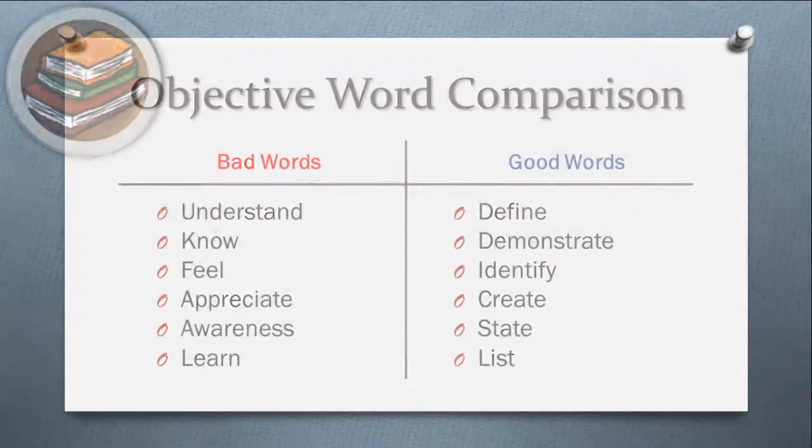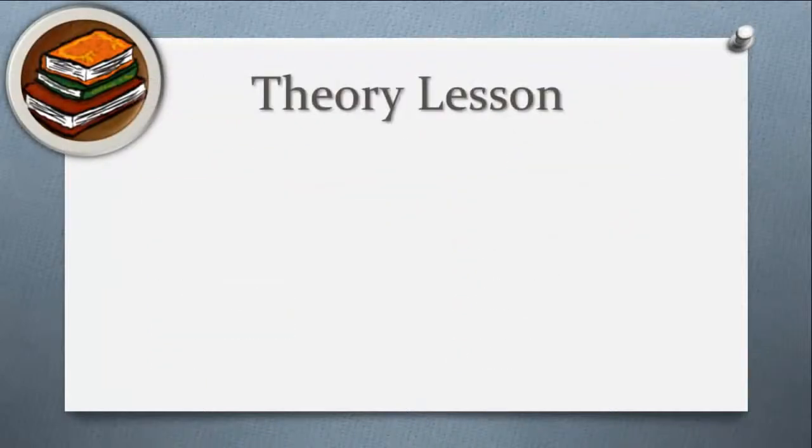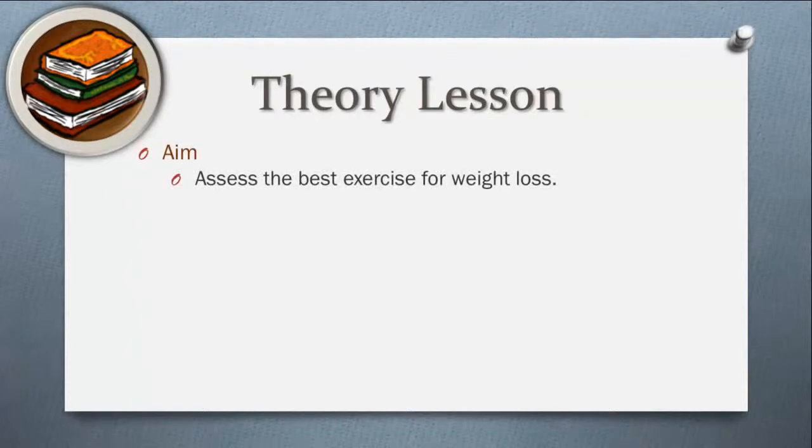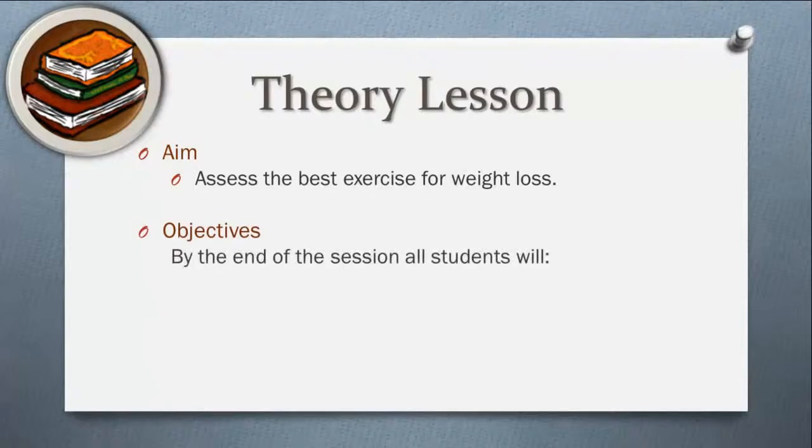So let's have a look at an example of an aim and objective from a theory lesson. Our aim might be to assess the best exercise for weight loss. When writing the objectives, you might find it helpful to write by the end of the session, all students will. You don't have to repeat it if you write it how it looks here, but this starts every single one of your objectives.